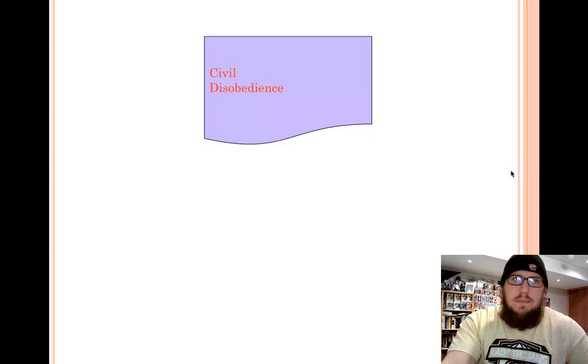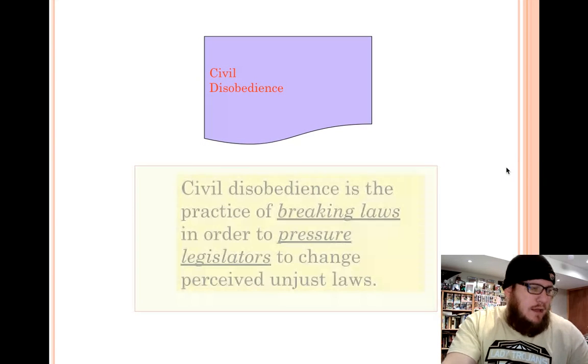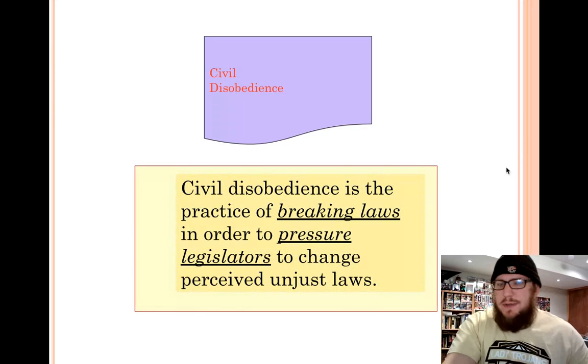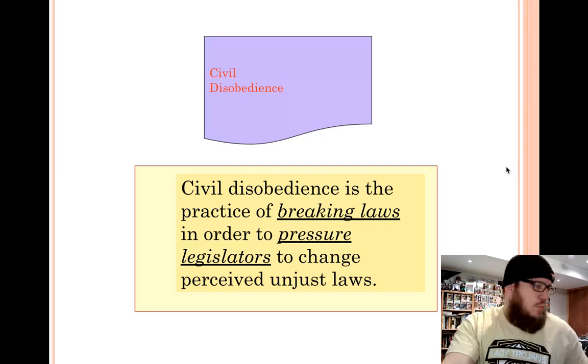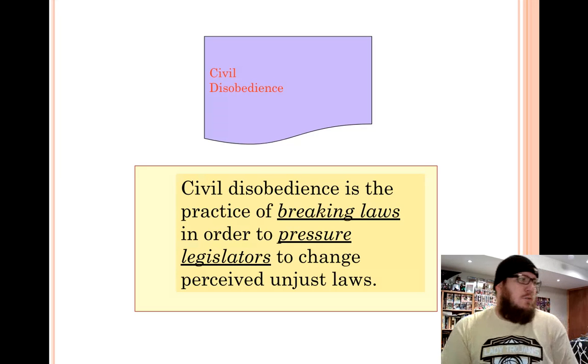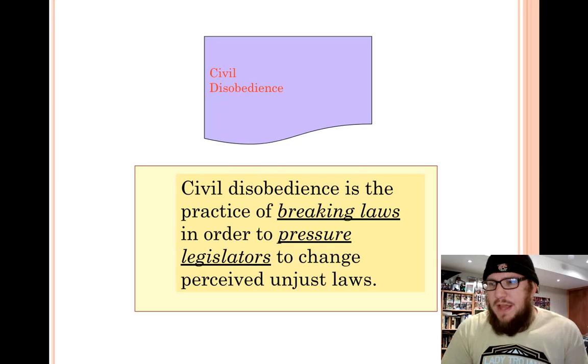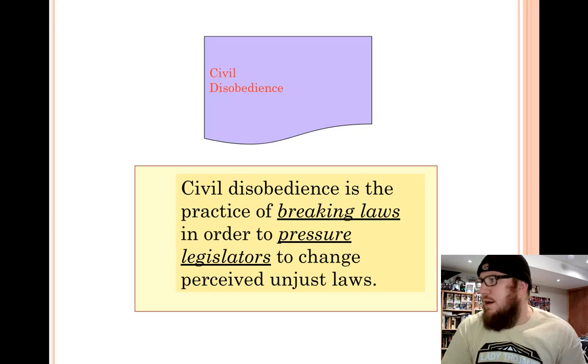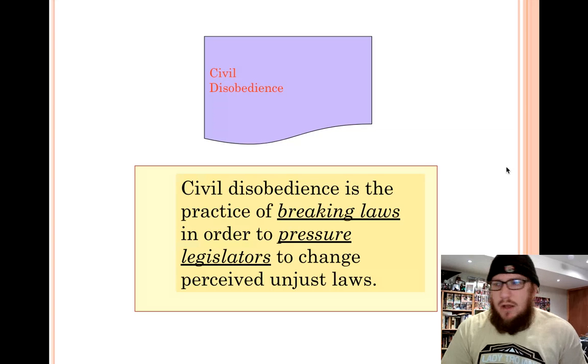The last type of lobbying is civil disobedience, and it's the practice of breaking the law to pressure legislators to create change, right? So think of the civil rights movement, the bus laws, the lunch counter laws, all of the stuff that said black folks can't sit here, black folks have to go somewhere else, right?